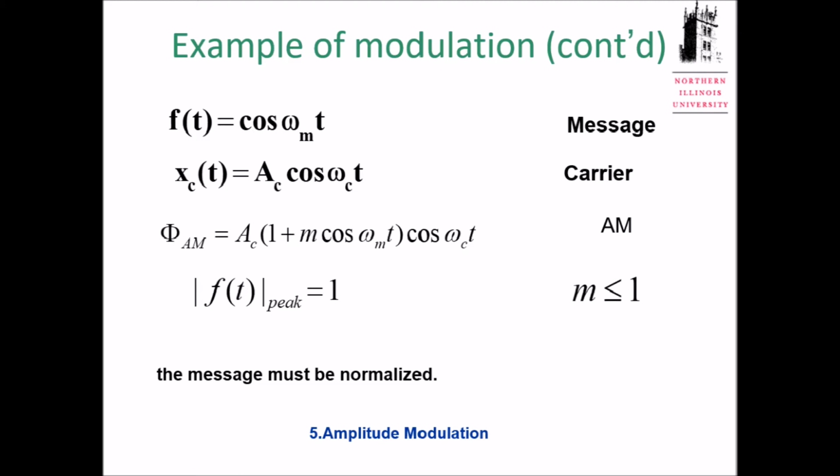And you can change carrier frequency, means you change channel 1, channel 2, or channel 3. And generally, f of t will be normalized, so the peak value is 1. So this is the modulated signal. And m tells you, compared with the carrier, how big the signal is. So just repeating what we have heard last time.